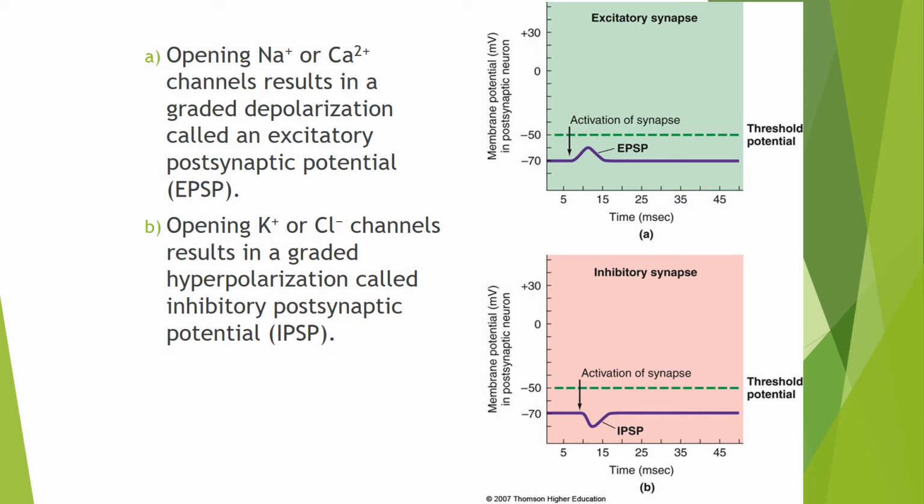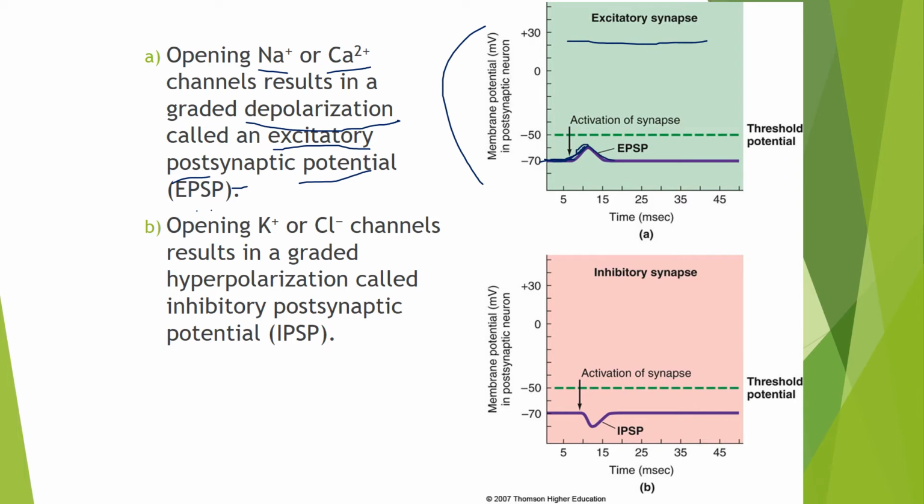If we begin with our excitatory synapse, this is caused by opening sodium and calcium channels that causes depolarization. On that postsynaptic cell, that causes an excitatory postsynaptic potential, or EPSP. All right, and when we look at this figure, here our neuron is at threshold, and then that postsynaptic cell has a few sodium or calcium channels that have opened.